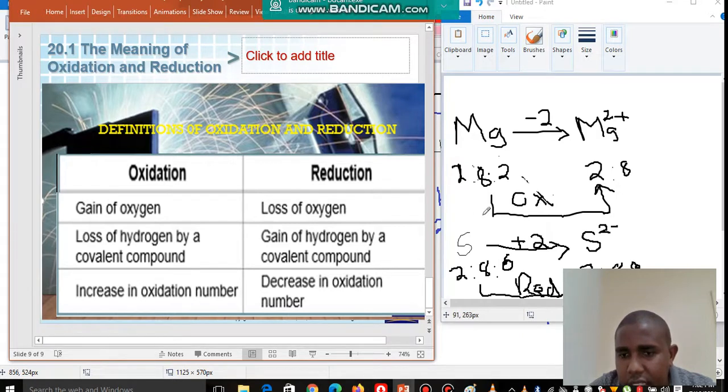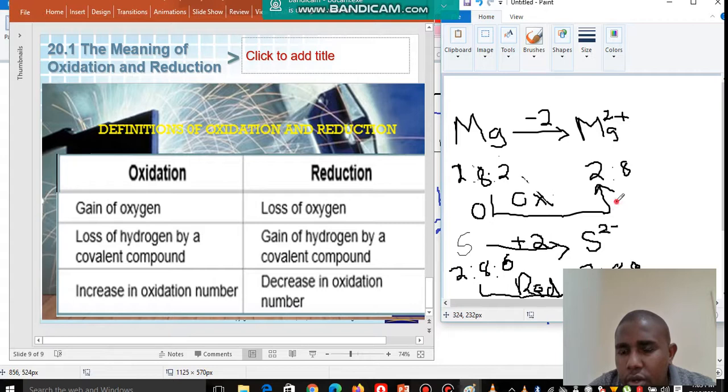As you can see, the increase in oxidation number from 0 to +2. When we talk of oxidation number, we are referring to the number of electrons that an element can lose or gain in forming its ion. So magnesium is capable of losing 2 electrons to form magnesium ion, while sulfur is capable of gaining 2 electrons to form sulfide ion.